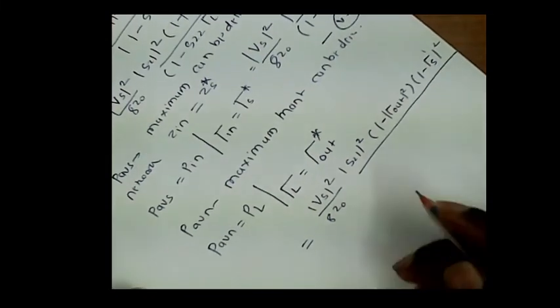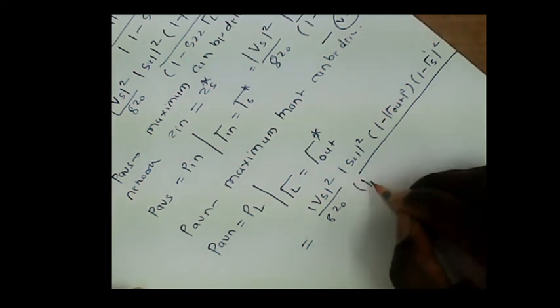divided by the bracket square of 1 minus S22 times the complex conjugate of gamma out, times the square of 1 minus gamma S into gamma in.